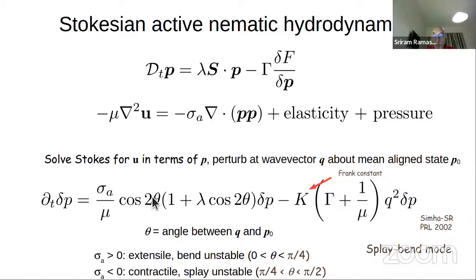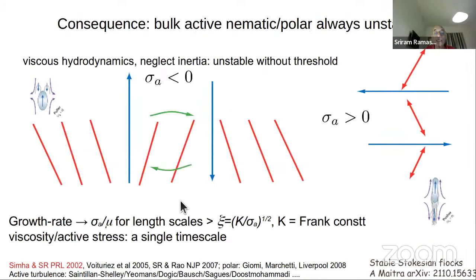And there's an instability in some region of directions of wave vector, and which region depends on whether the swimmers are pushers or pullers. The important thing, therefore, is there is a length scale. K by sigma has units of length squared, and the instability takes place only on length scales big compared to square root K by sigma.